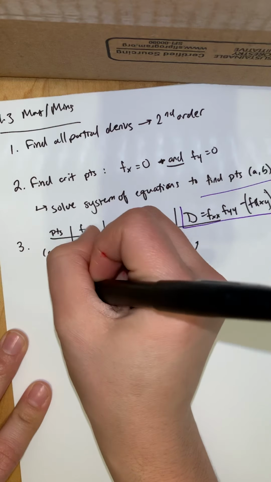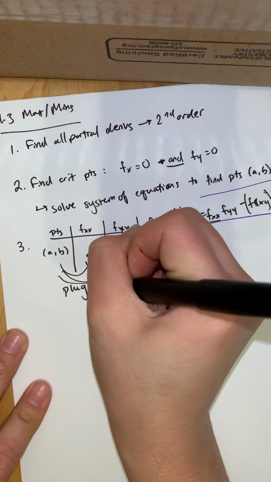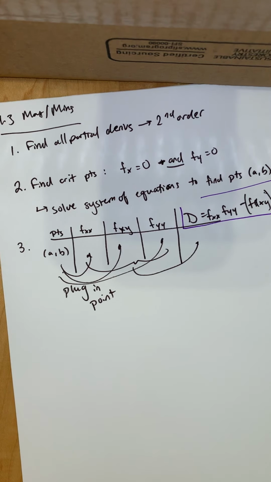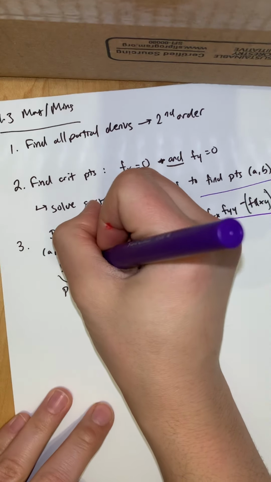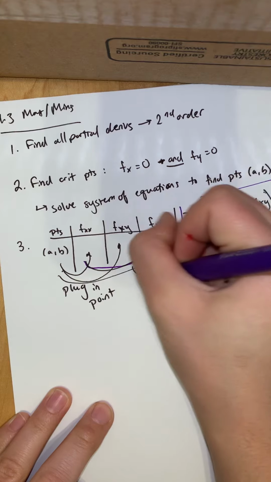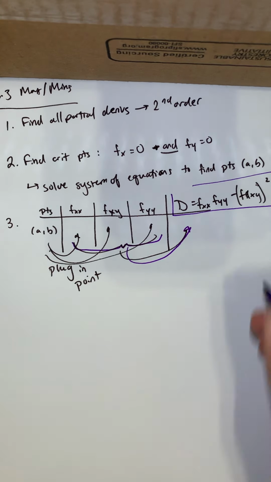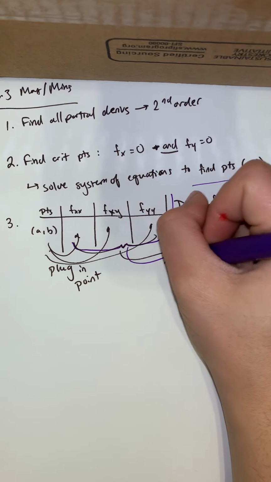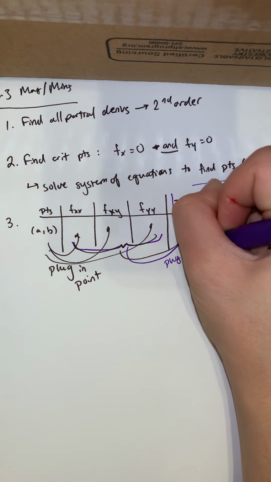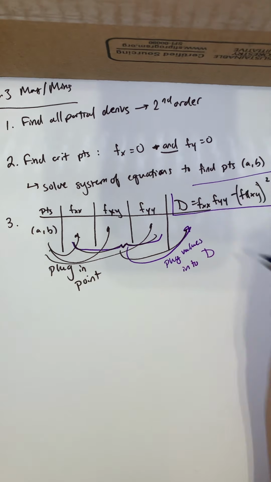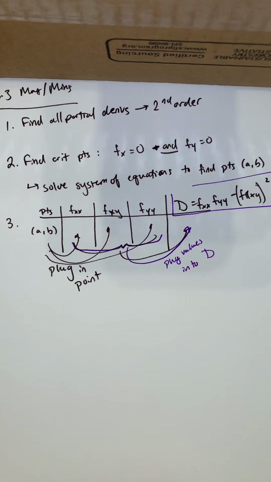Here what I mean is we're going to plug in our point, and then take all of these values on the left and plug them into our discriminant over here. Okay? And we said that making a chart like this was a really nice way to keep track of our points, especially when we have multiple points going on.